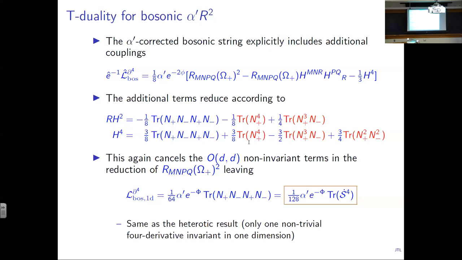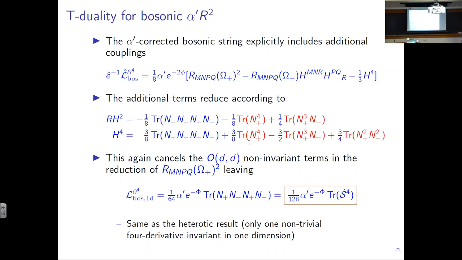The same thing basically happens in the bosonic string case. This is the original Riemann squared term, RH squared. I didn't define H to the 4. It's not very interesting. There's a certain way the indices go. You compute those things over here. It looks like each of these terms has an invariant term and non-invariant terms. If I take these two terms as my combined correction term, the invariant stuff actually cancels out.